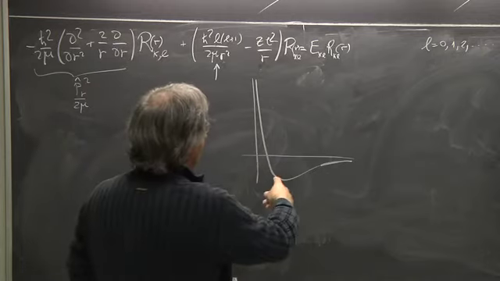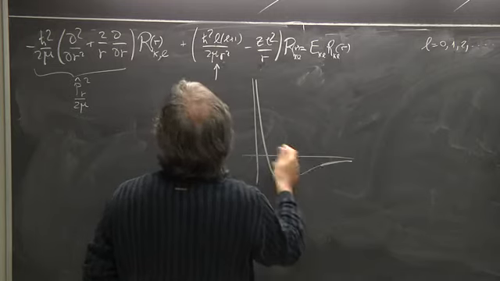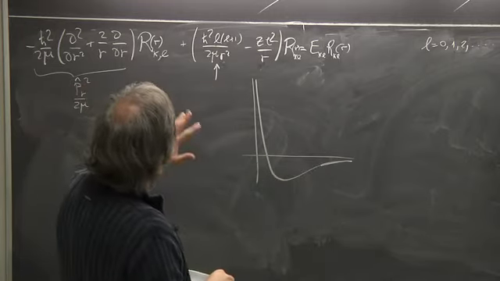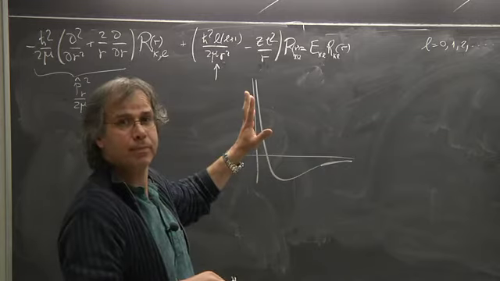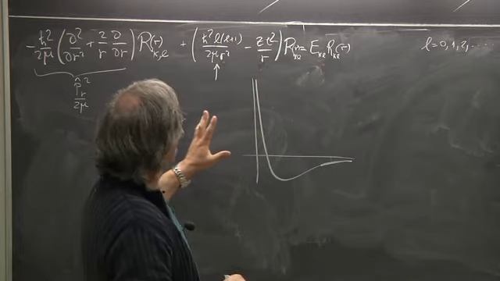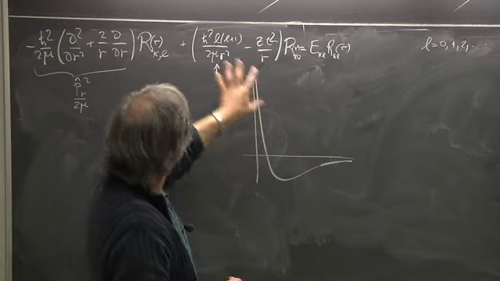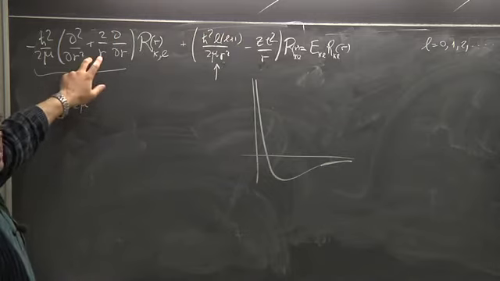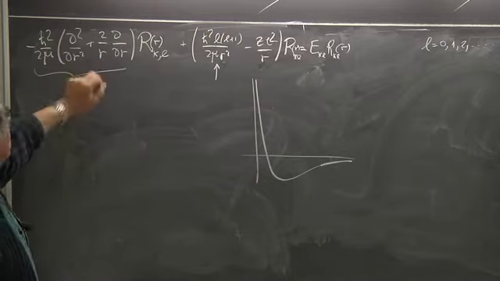But this time, I don't have a particle sitting here in the minimum. It's a more complicated problem. In any case, I have to find the bound states of this potential here in this special Laplacian problem.